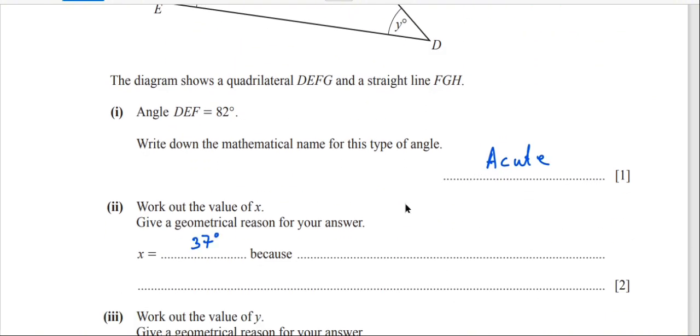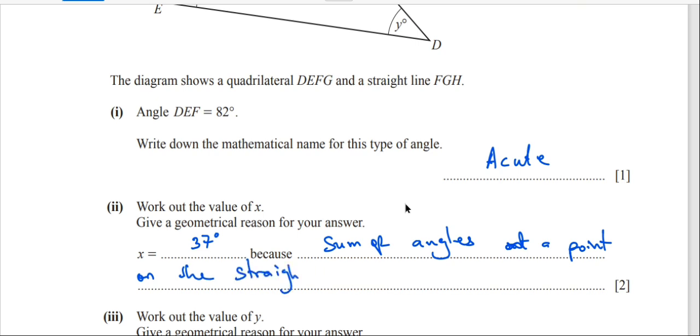The reason is that the sum of angles on a straight line is equal to 180 degrees. So that's why that angle there is 37.